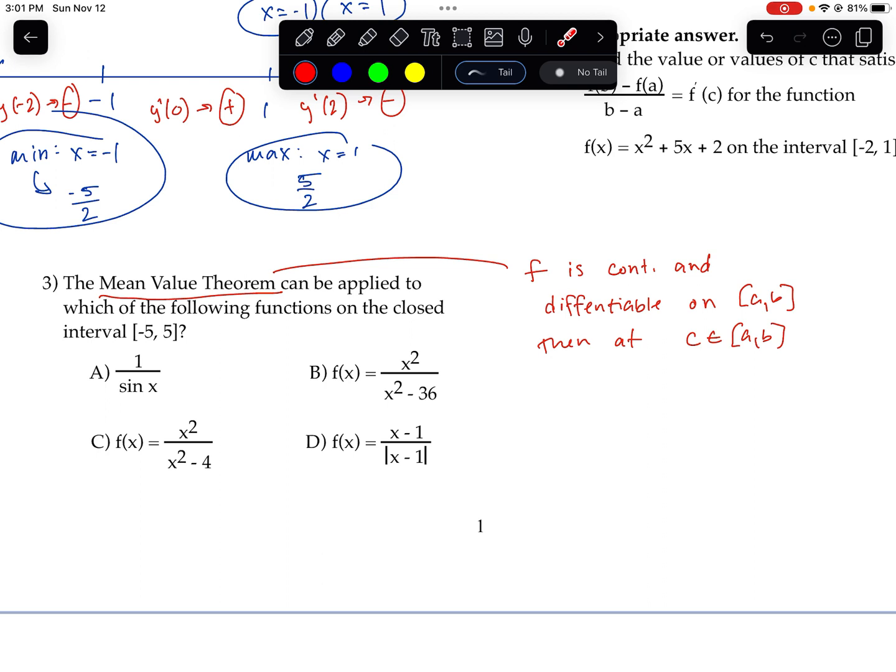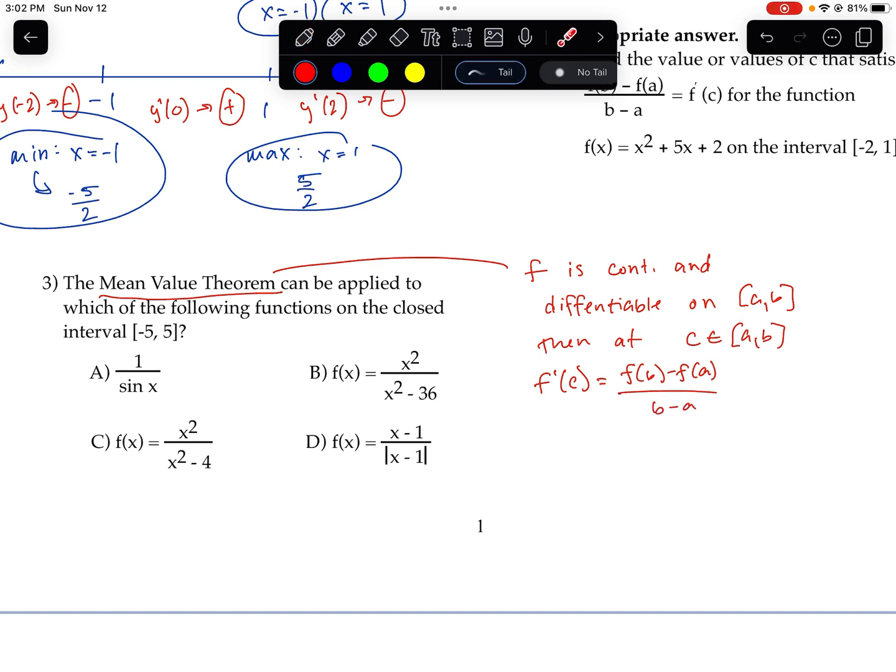It's just fancy language right here. Then at this value, f prime of c will be equal to the average rate of change. So that's going to be f of b minus f of a over b minus a.